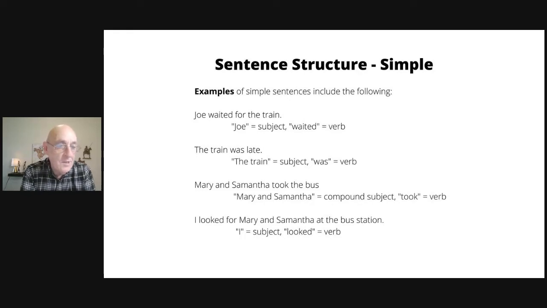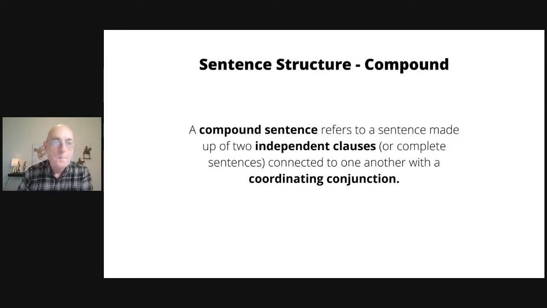And I looked for Mary and Samantha at the bus station. So these are just examples of simple sentences. And before we finish this lesson today, I will show you specific examples of a simple sentence according to an IELTS topic that we're going to look at.